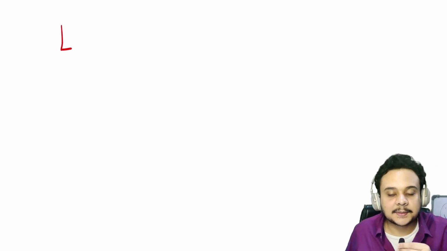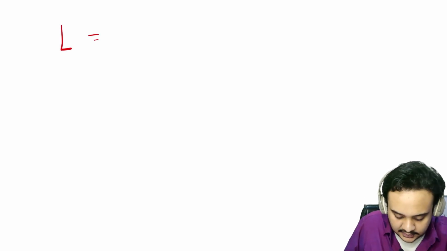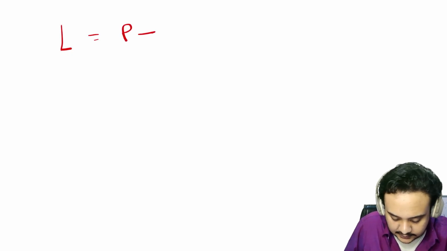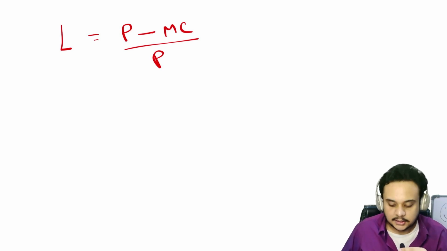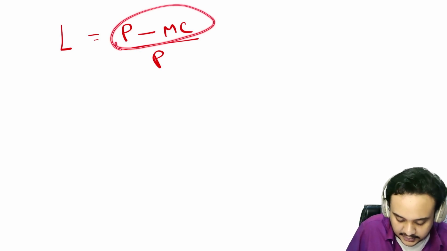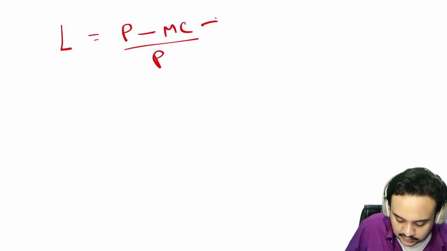Let us see what the formula for Lerner's index is. We write L is the Lerner's index. L is equal to price minus marginal cost upon price. Now this part, the numerator, we call the markup.